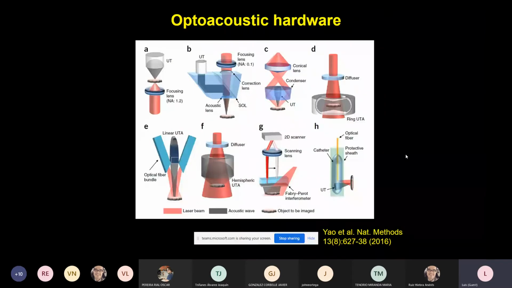Optoacoustics is not really like ultrasound or MRI, where you have a clear picture of how a system looks like. In optoacoustics, it's not like this. All these systems are completely different, and all of them are needed because they're used for different applications and in different regimes, different penetration depths, different ranges in general.